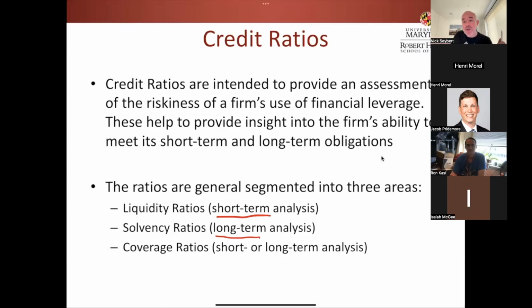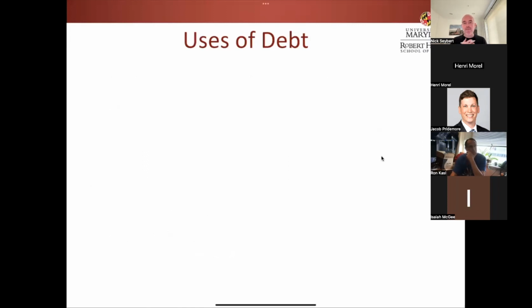So liquidity ratios will be looking at current assets and current liabilities. Solvency, as a longer-term thing, might be looking at all assets and all liabilities, or only long-term liabilities and things like that. So that's what we're going to see, and then we'll get to what coverage is in a minute.